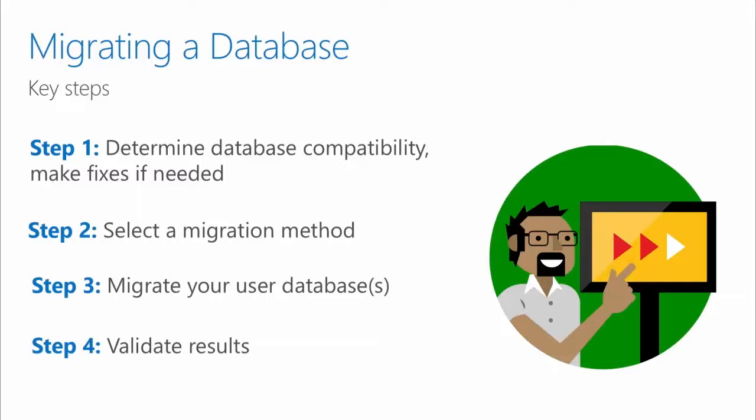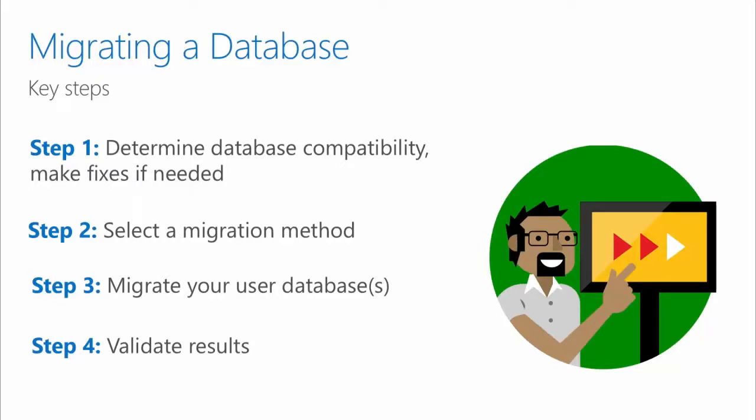The first step is to determine if you have compatibility issues or not. If you're going from on-prem to a VM, your compatibility issues will consist of upgrading to a newer version of SQL Server, where there may be deprecated items or changes in how things perform. So you need to look at those. You go to MSDN and see what the breaking changes are, what's deprecated.